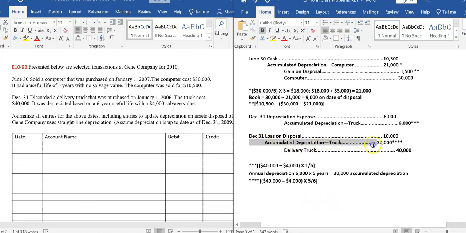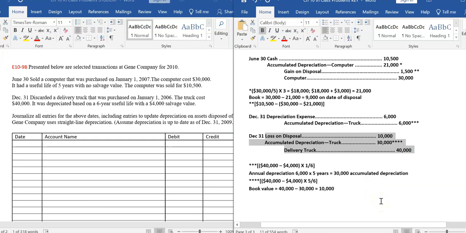At this point, we had a truck that had a book value on the date of disposal of original cost of 40 minus its accumulated depreciation, a book value of $10,000. Now, if we throw something away that has a value to us of $10,000, it's going to be a loss. So we will debit an account titled loss on disposal. That makes our journal entry balance.